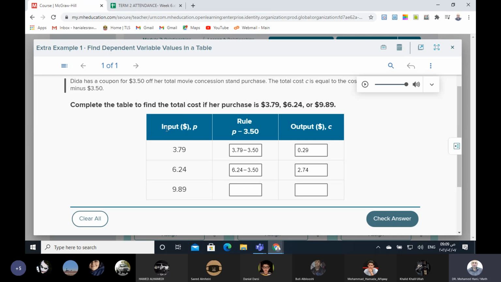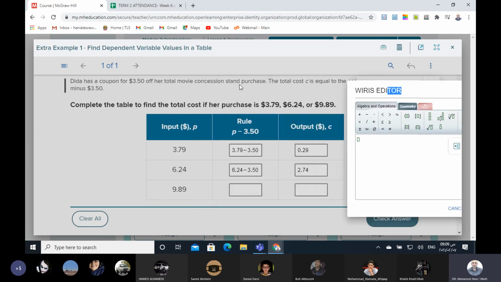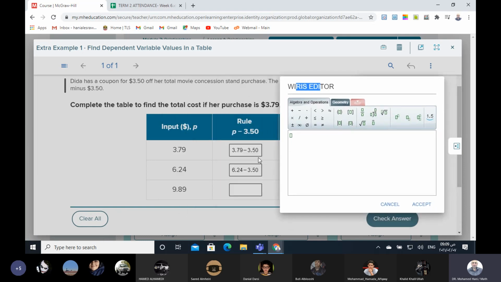Now the third input b, the value of b now is 9.89. 9.89 minus 3.50.